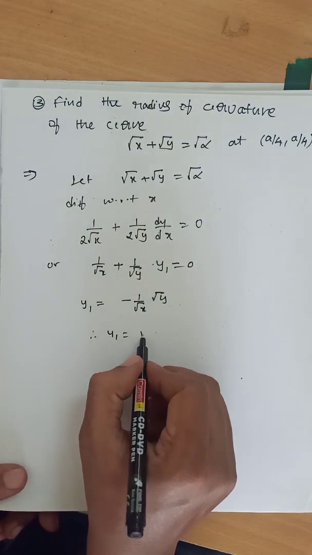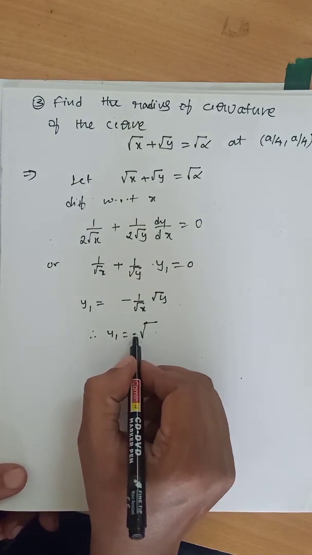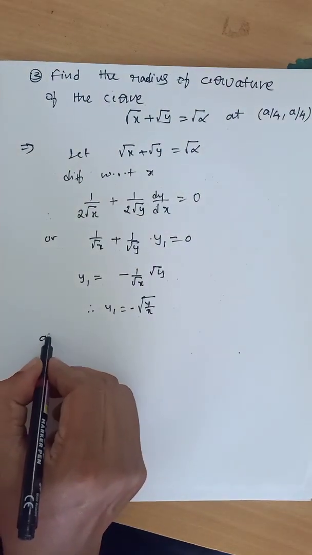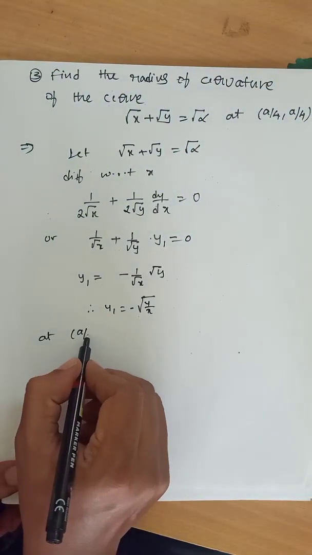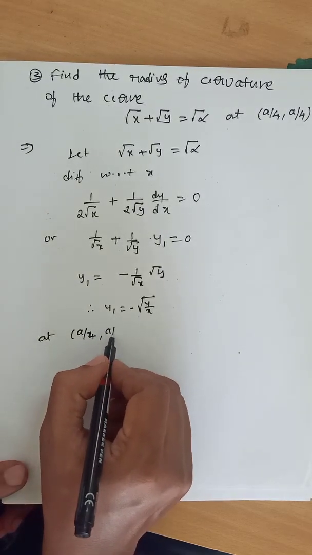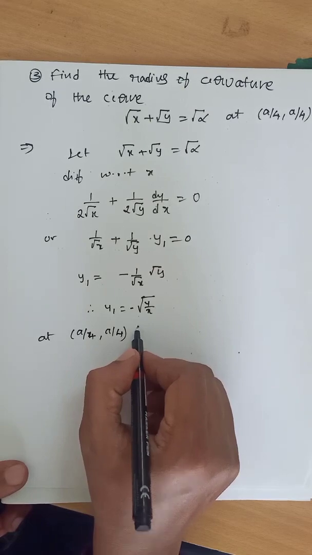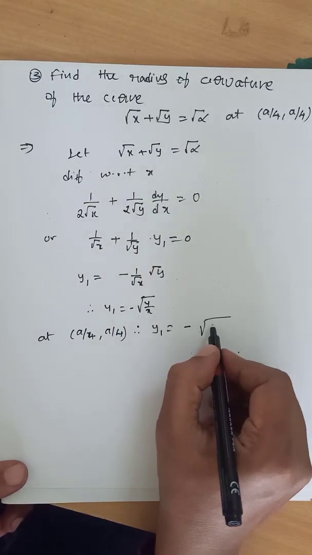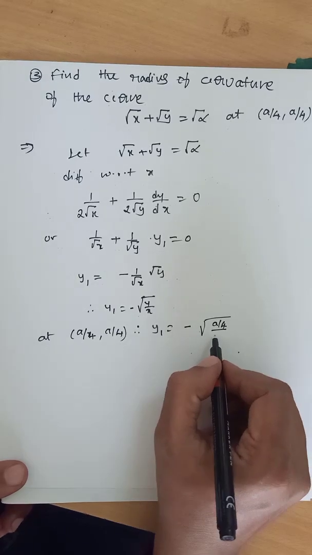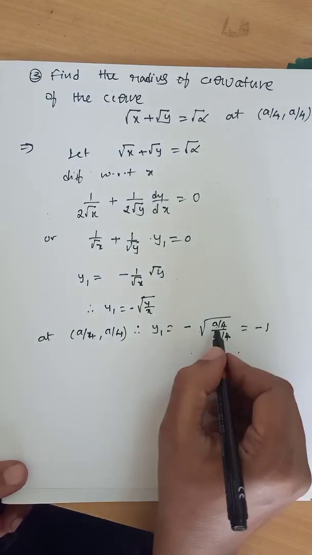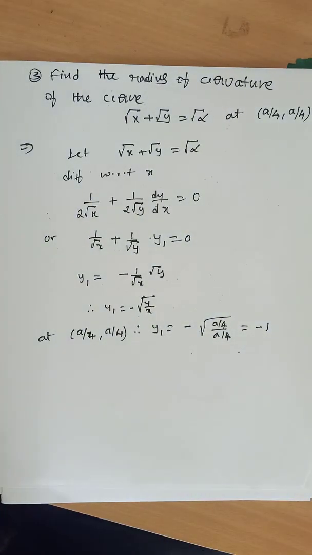Therefore y1 is minus root of y by x. Apply x is equal to a by 4, y is equal to a by 4 to this. Therefore, y1 is minus root a by 4 by a by 4. So you will get minus 1.